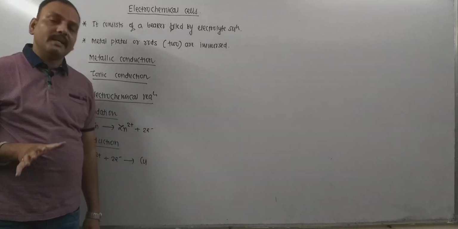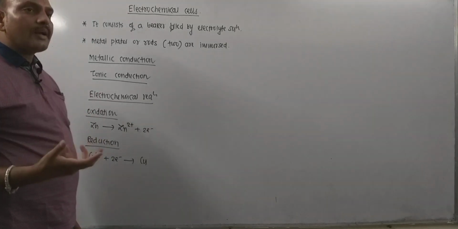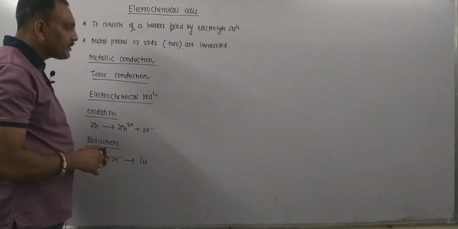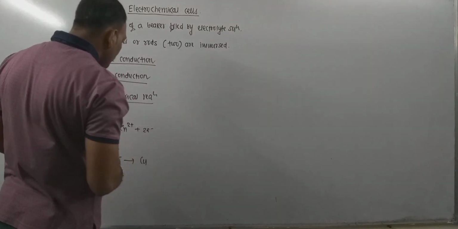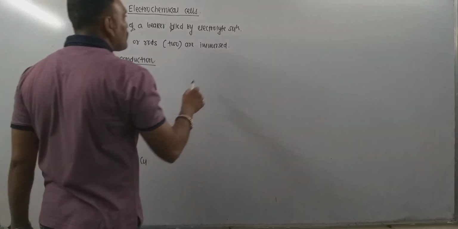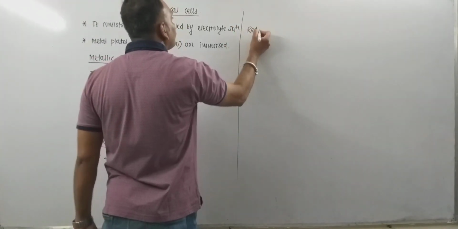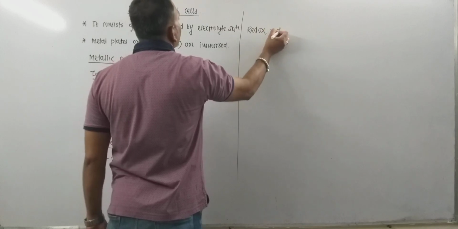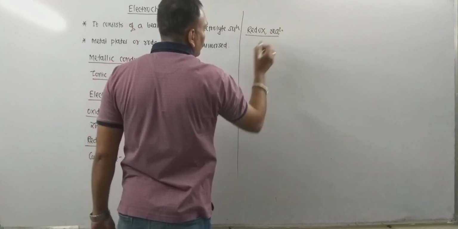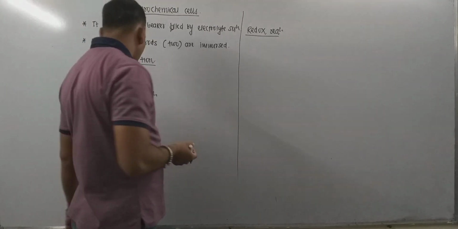So in every cell, two types of reactions creep up. One oxidation, other reduction. Now, the net cell reaction is always a redox reaction, remember. So what is redox? A redox reaction is the sum of reduction and oxidation half reactions.